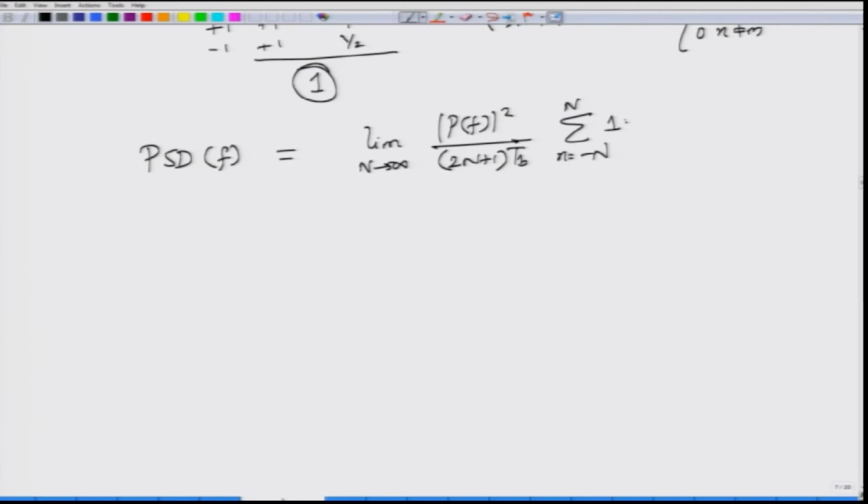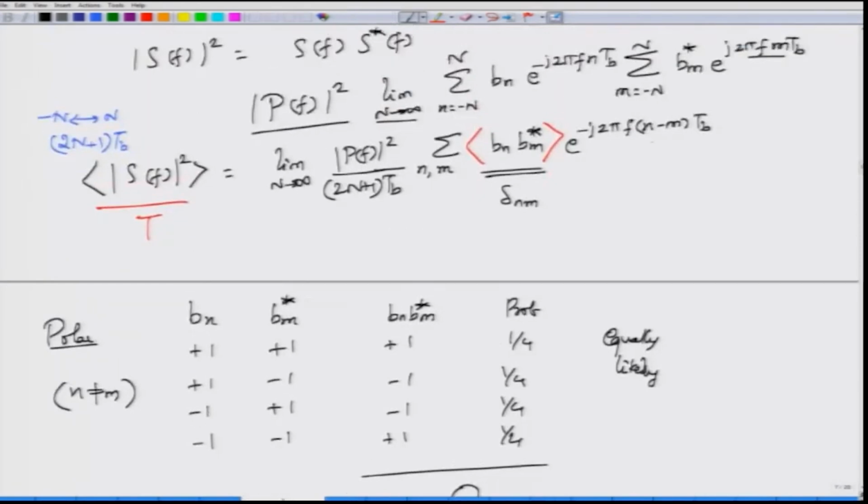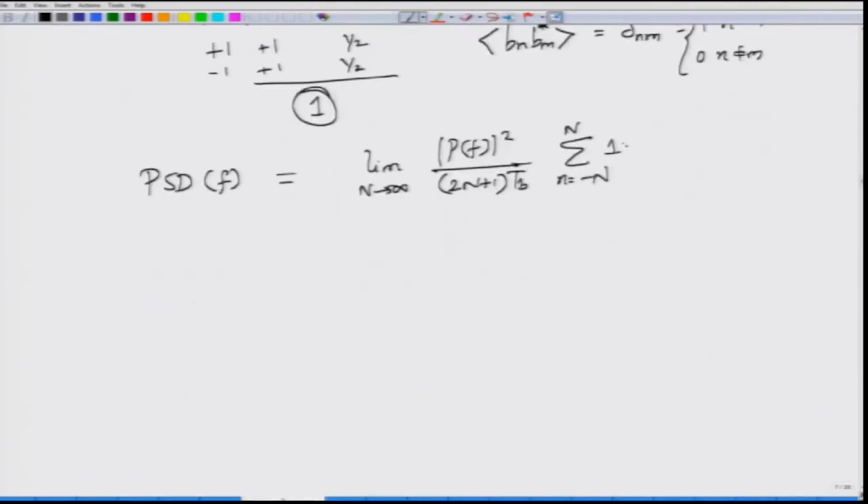What happened to the exponential? Well, the exponential vanished. Why? Because when n is equal to m, it is the exponential of j into 0, which is equal to 1.